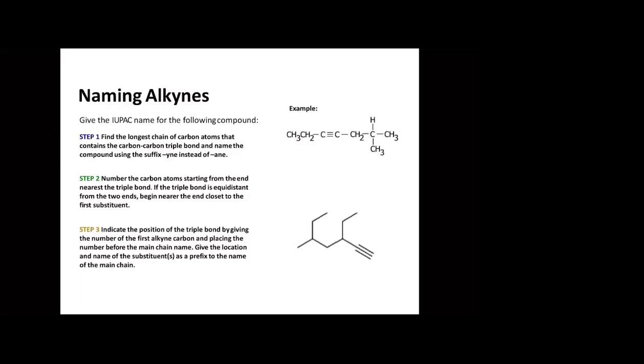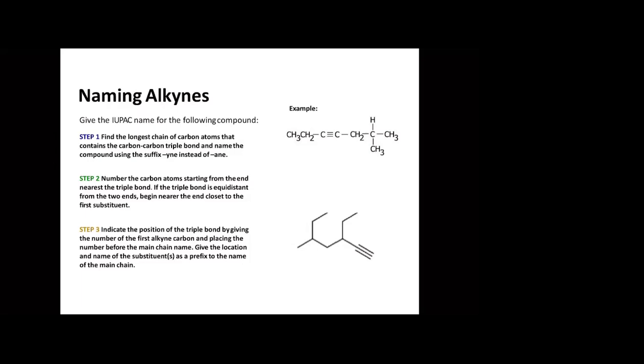When it comes to the name, you write the parent chain, which is the longest carbon chain that ends in -yne. We give the position of the first carbon in the carbon-carbon triple bond, and we can now follow the rules for having only one substituent in my alkyne, having two substituents that are the same in my alkyne, or having different substituents in my alkynes.